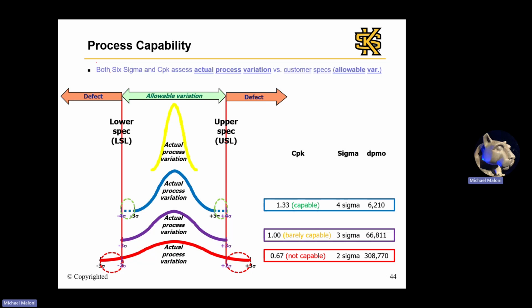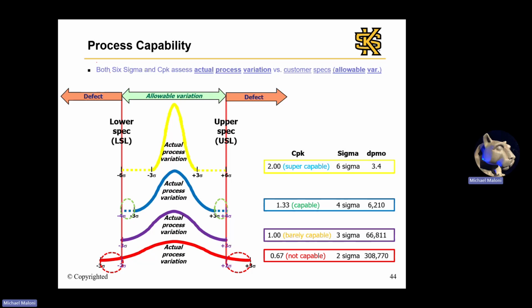A distribution that is well within spec limits with a CPK value of 2, we see -6 sigma of actual process variation crosses the lower spec limit, and +6 sigma of actual process variation crosses the upper spec limit.